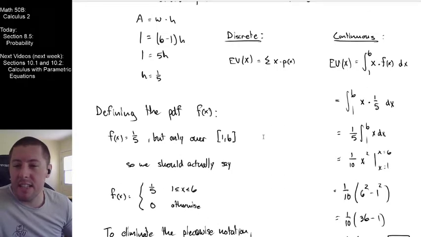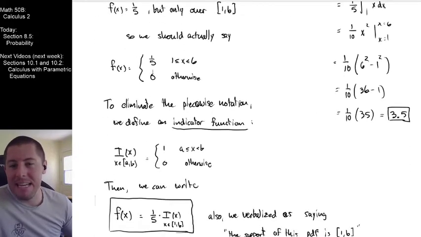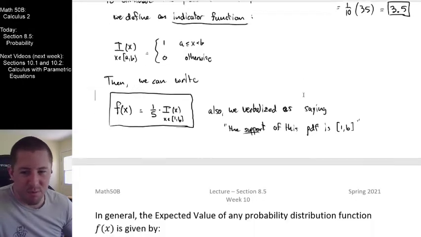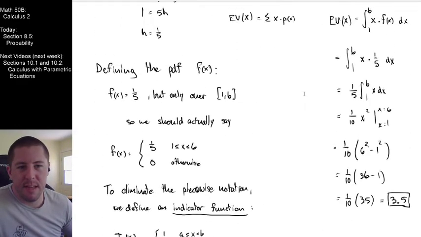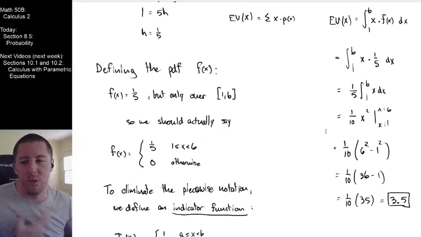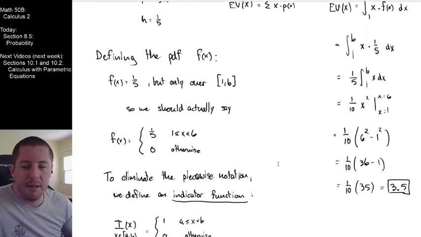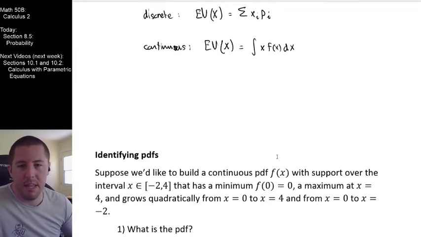So in a technical sense, all of our expected value computations should always go from negative infinity to positive infinity, given that our PDF is properly defined with an indicator function over its defined support. But usually that's a little bit overkill. So it's completely acceptable in this case for me to just go from 1 to 6, because that's the only interval over which we were actually accumulating any probability. Everywhere else it was 0, so I just discarded that.